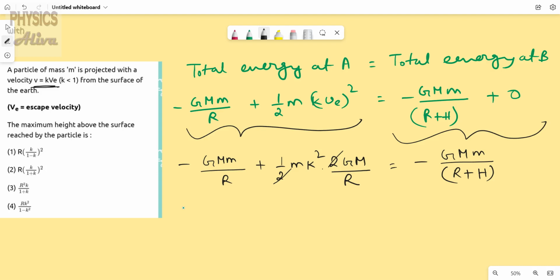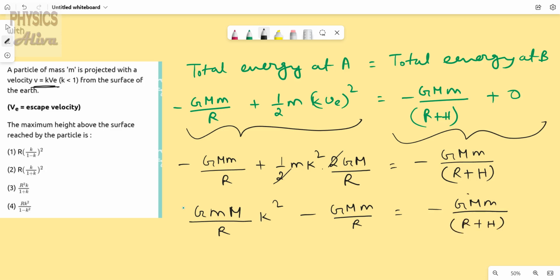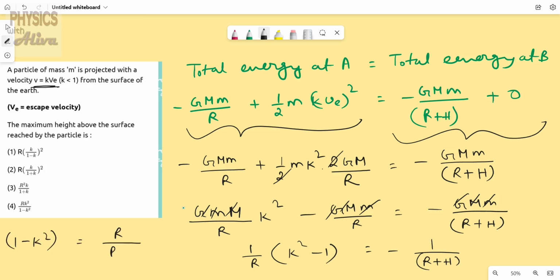From here we will get capital M, g divided by R, here k square minus GMm by R, minus GMm by R plus h. This all will cancel out. So if we take common 1 by R, we will get k square minus 1 equals to minus 1 by R plus h. So from here we can write 1 minus k square is equal to R divided by R plus h.